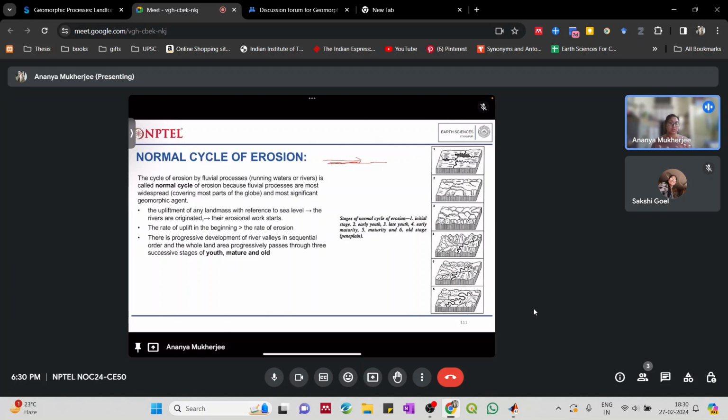Because if there is no slope difference, there is no change in the rate of flow of the river, or the rate of the flow of the water itself is not going to be enough for it to carry the sediments that is contained in the water. So for erosion to at least start, there needs to be some change in the topography of that region.